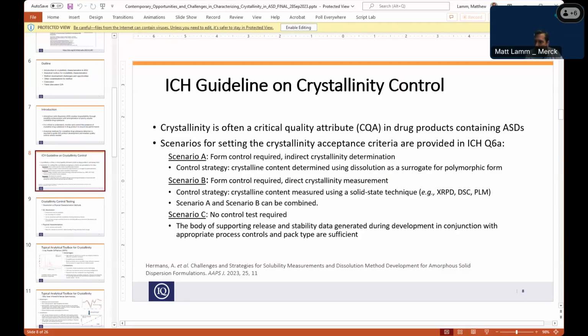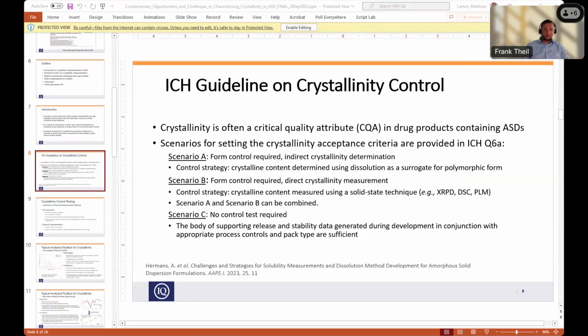Yeah, well, usually it also depends on what you are comfortable as an organization to present to regulatory agencies. I'm not sure I remember any case where we did not put crystallinity to be monitored and have an XRPD method, just to make sure we can go through with that at the agencies.